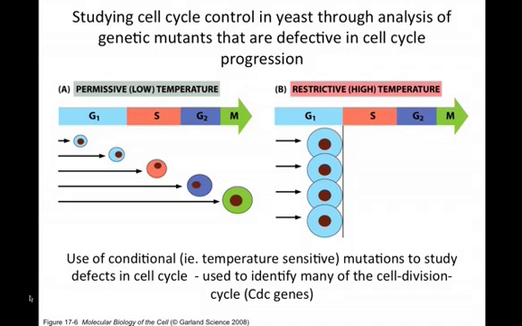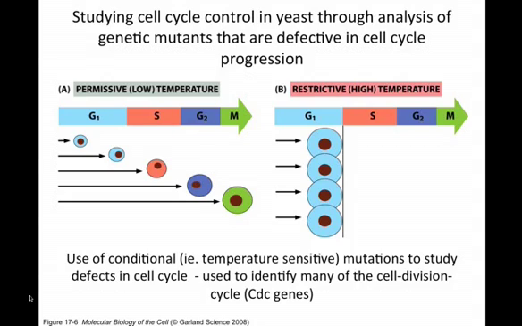Yeah, so by using this to study cell cycle, it's useful because you can visualize cells and tell which parts of the cell cycle they're in fairly easily, because they either look interphase, or they might look metaphase, or they might look anaphase, or they might look like cytokinesis has occurred. You know what I'm saying? So it's very easy to visualize, and there are many different mutants, not just one, right?